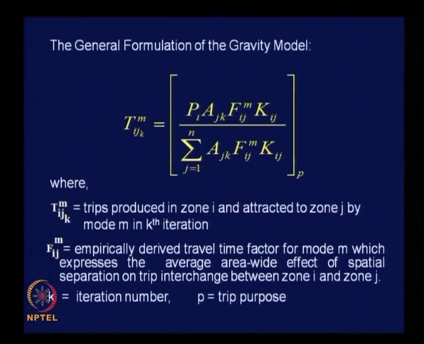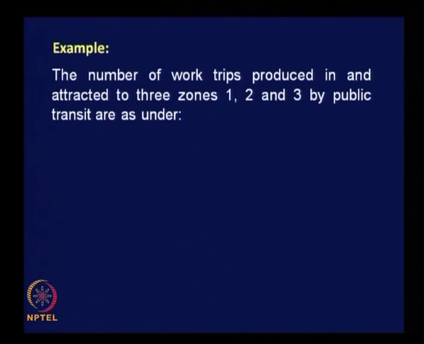And with this understanding, let us take a very simple numerical example and see how the gravity model can be applied to this particular case. The number of work trips produced in and attracted to 3 zones, 1, 2 and 3, by public transit are as under. Now the segmentation information is already given to you.